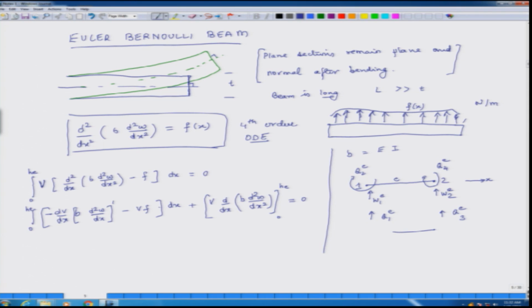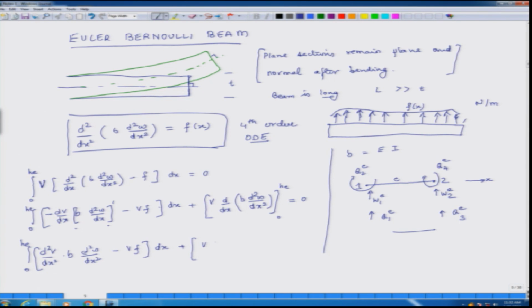So, this is integration by parts once, and I will do the integration by parts one more time. Now I get d2V over dx square times B times d2W over dx square minus Vf, integrated over the entire domain, and then there are two boundary terms.